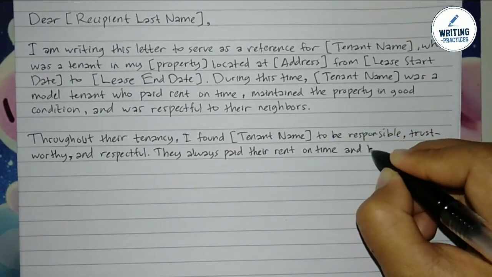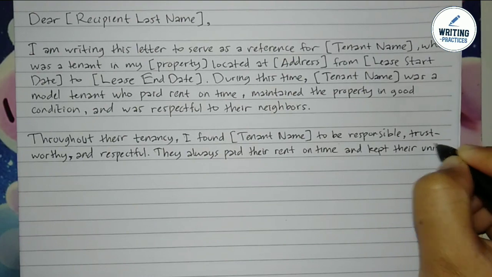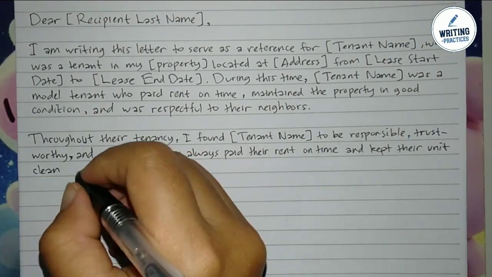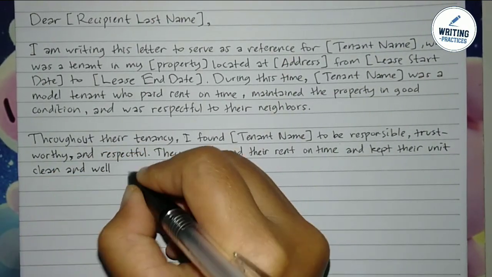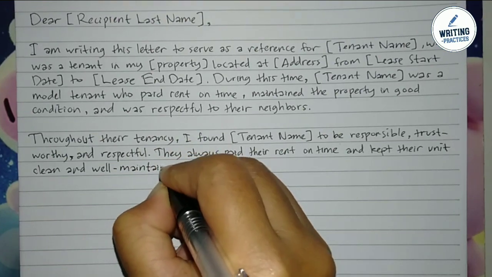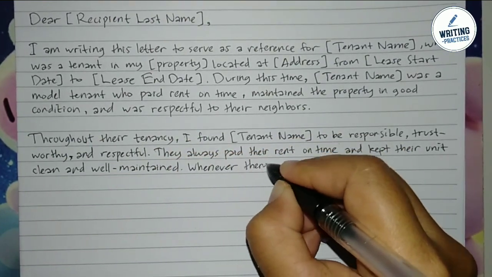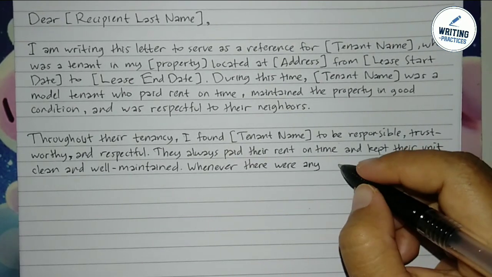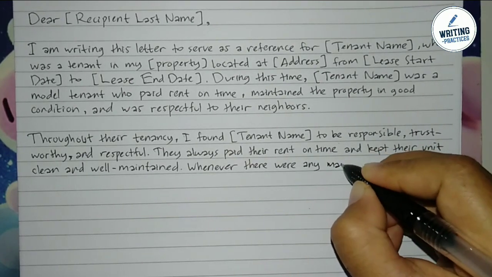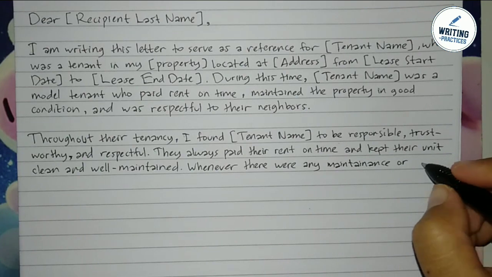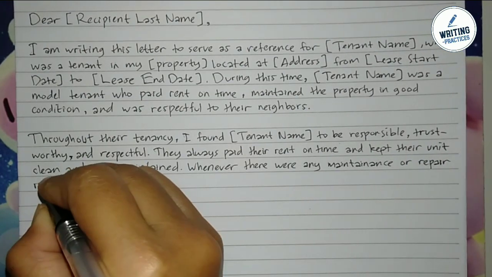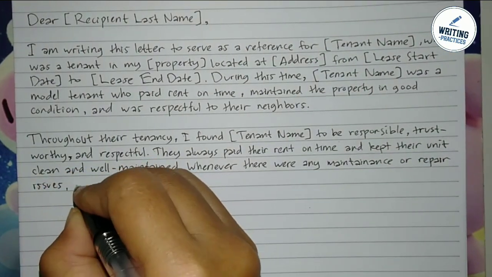And sometimes, the property may be under maintenance. You can also mention how the tenant helped you a lot in reporting some issues. In this example, the tenant was being cooperative with the maintenance team to resolve the issue.